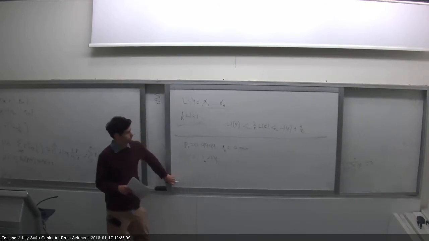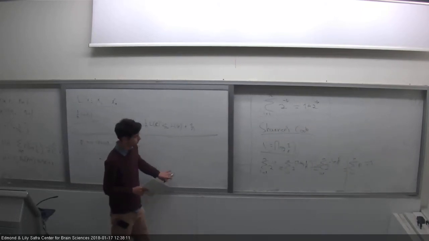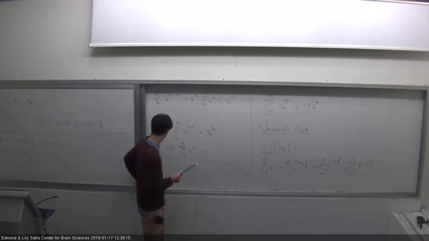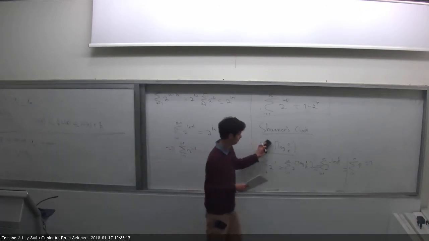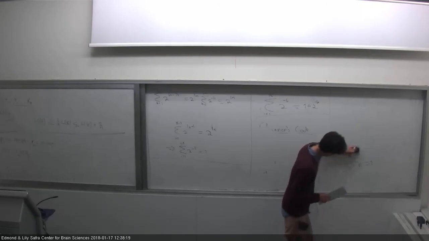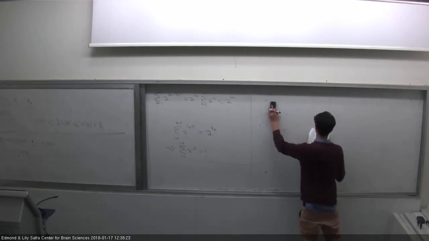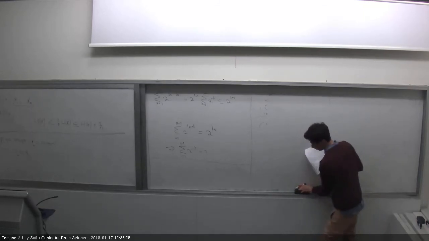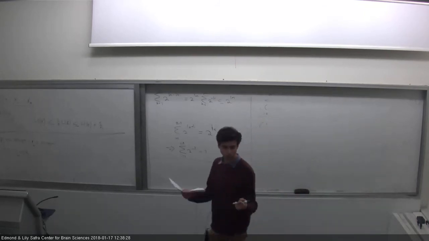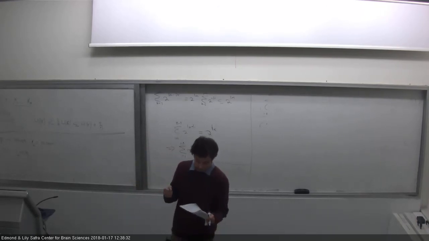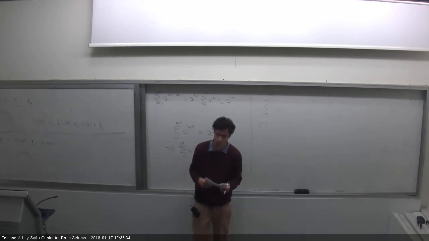Okay. I'm doing it quickly. Let's talk about Huffman code. So Huffman code, basically, if you know the real probability, you can construct an optimal prefix code.